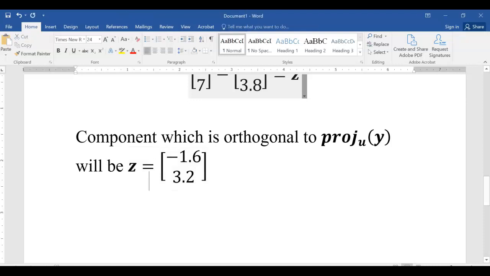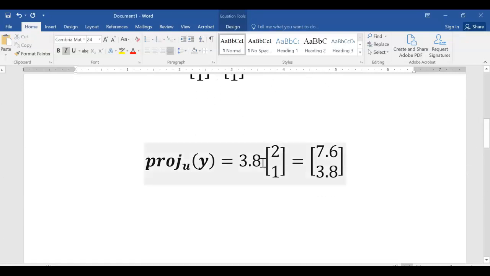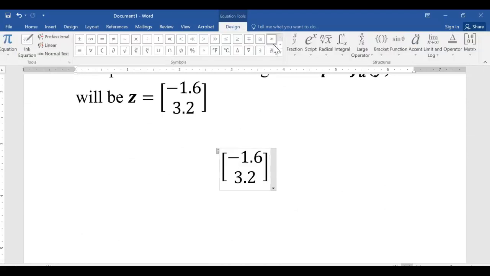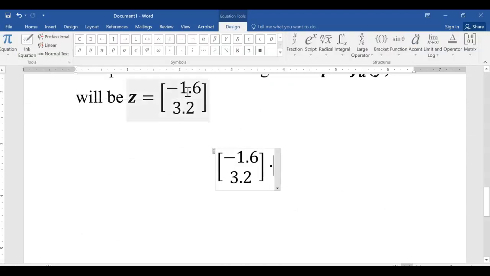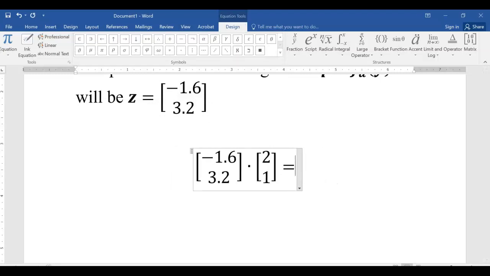Now again, think about how this component relates to u itself. The u itself was 2, 1. So if we take an inner product with 2, 1, you're going to get negative 3.2 plus 3.2, which is 0.